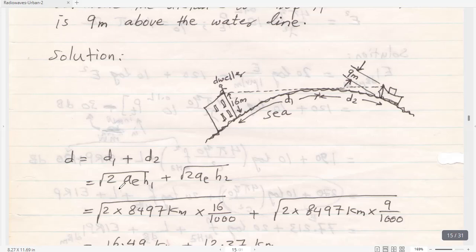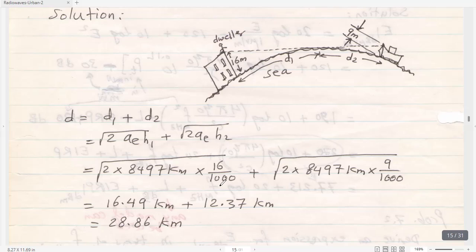This distance d1 is equal to the square root of twice AE H1. We already derived this equation in the previous chapter. And this distance d2 is equal to the square root of twice AE H2. Now the deck height is given as 9 meters, and the building height is 16 meters, and we want to find the total distance. So we find d1 and d2 and add them.